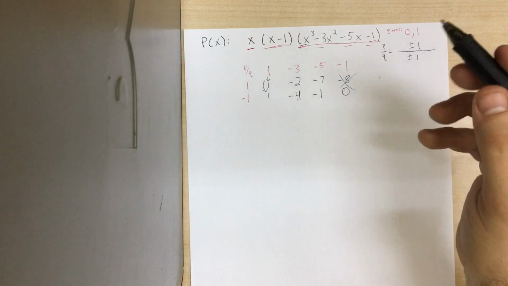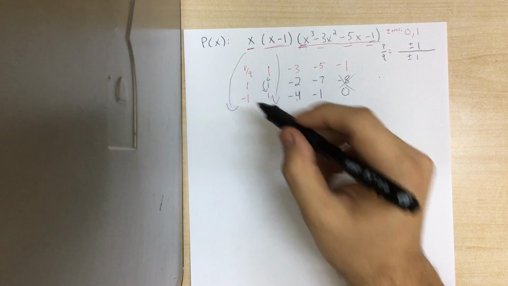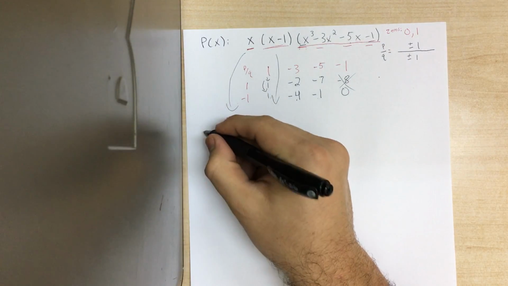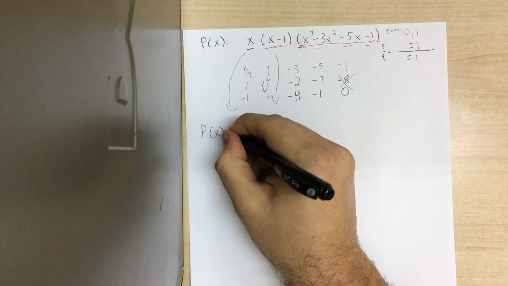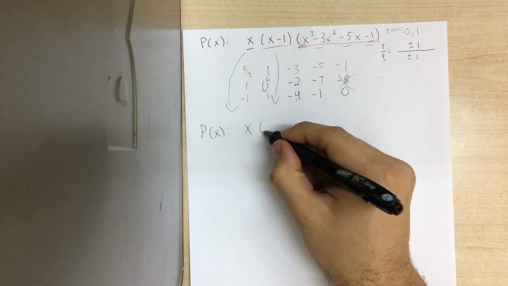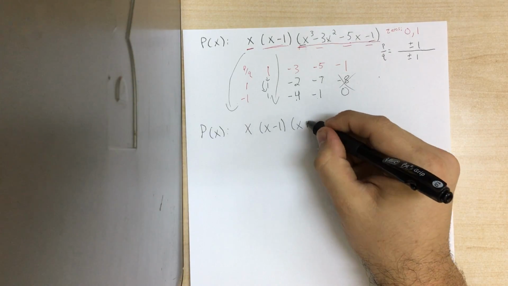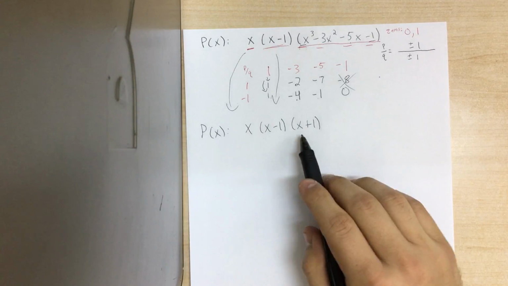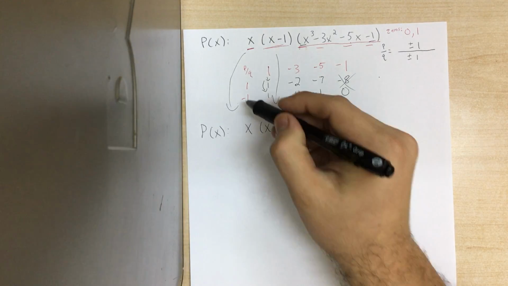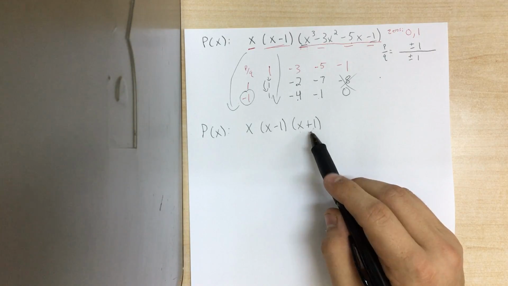So now we can rewrite this big polynomial, factor down even more. So don't forget the x and the x minus 1. So now we can write p of x as x times x minus 1 times x plus 1. Remember, x minus a, and our a was -1. So x minus -1 is x plus 1.